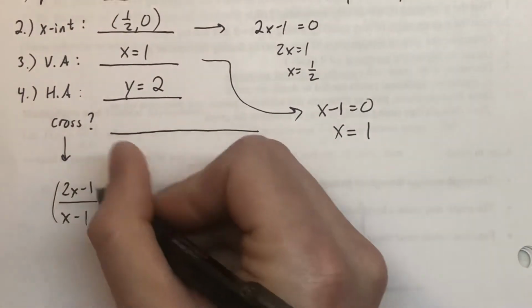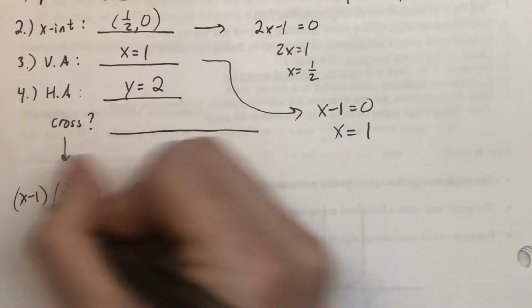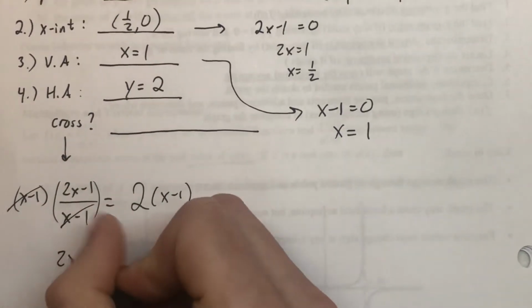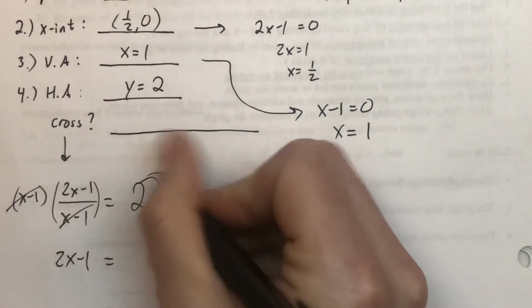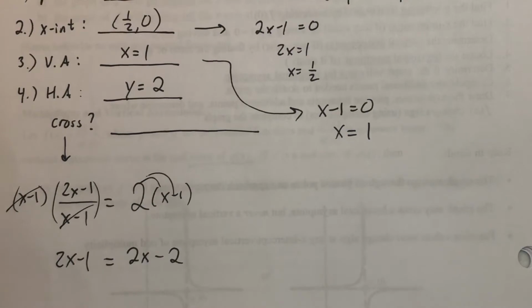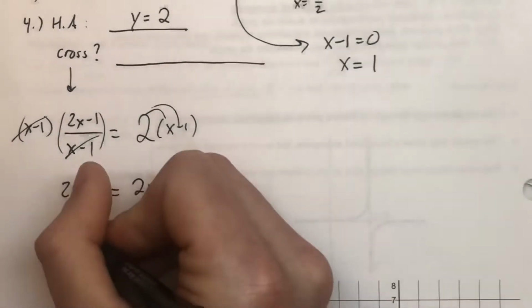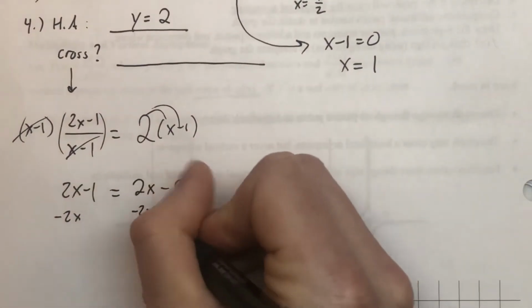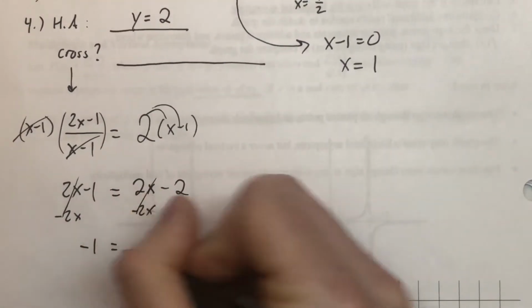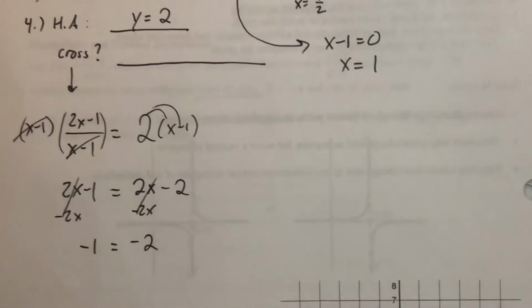So we will always clear out the denominator first, multiplying both sides by x minus 1. So we have 2x minus 1 over here, 2x minus 2 over there. And in solving this linear equation, the next step would be to subtract that 2x from both sides, but that cancels on both sides, leaving us with -1 equals -2.